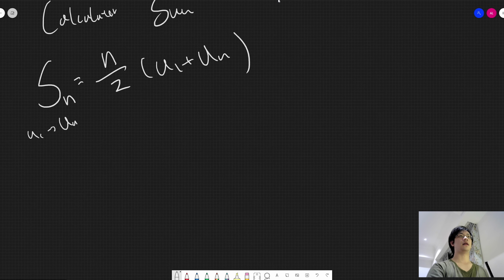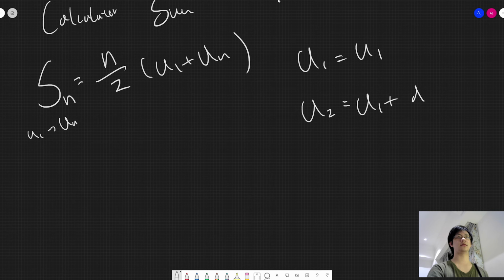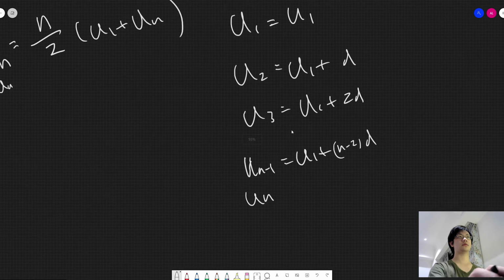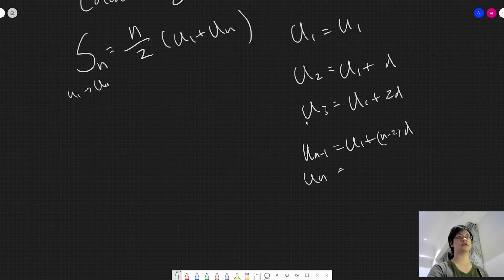Let's generalize this a little bit again, because math is really all about generalization. u1 will just be u1, and u2 by our first formula will be u1 plus d. u3 equals u1 plus 2d. So un-1 will be u1 plus (n minus 2)d, and un equals u1 plus (n minus 1)d.